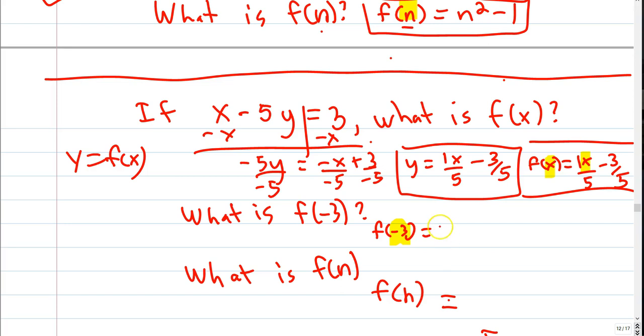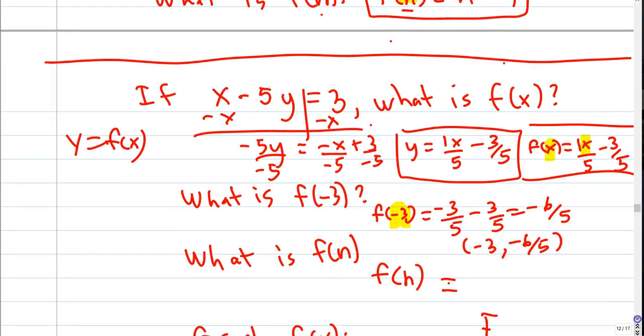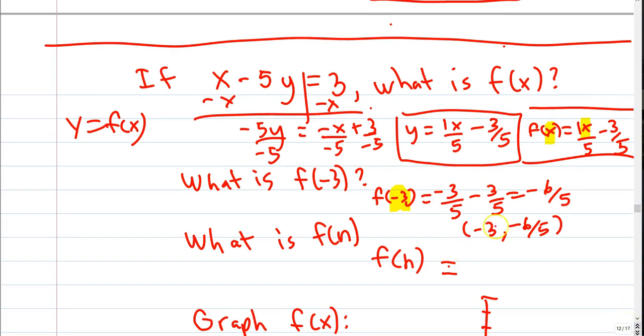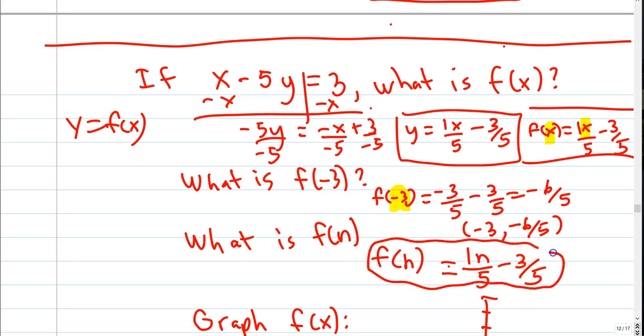So it becomes negative 3/5 minus 3/5, negative 6/5. So we got (negative 3, negative 6/5). What is f of n? We're replacing it with an n, so 1x becomes 1n over 5 minus 3 over 5. And that's it. Can't simplify that any further, so that would be f of n.